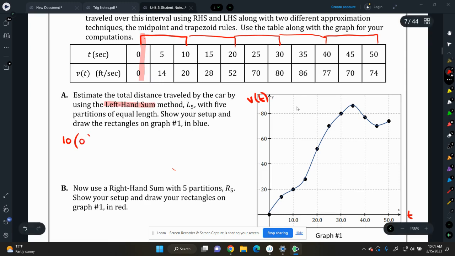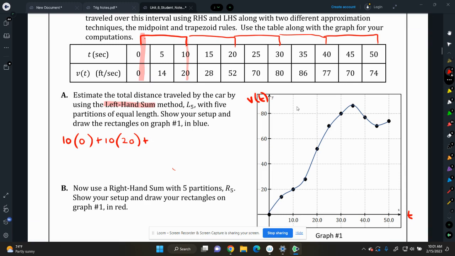That's the first rectangle. I'll do each rectangle separately. The second rectangle has a width of 10, and we're looking right here. What's the y value of that rectangle? 20. Everybody following me?